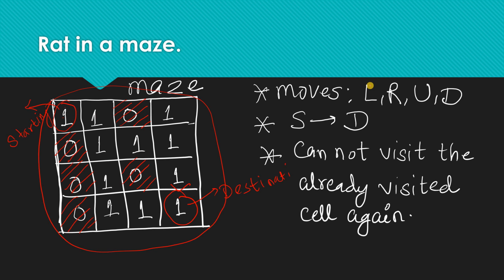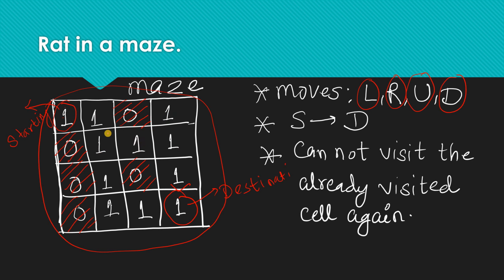We can move in the left direction, right direction, up direction, and down direction. So if we are on this cell, we can move left, right, up, and down. Remember, we cannot move diagonally. So we have only 4 moves possible.